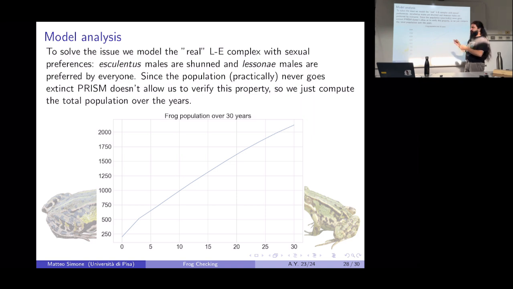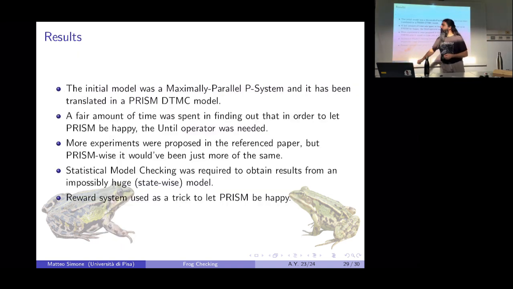It really is just picky sometimes, so we have to do some other stuff to trick Prism into being happy, like ourselves, I guess. So we took a maximally parallel P system, we translated it into a Prism DTMC model with the rewriting rules provided by the paper of Professor Barbuti and Milazzo.